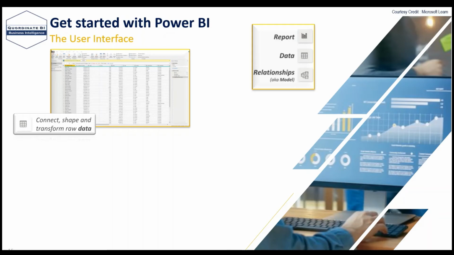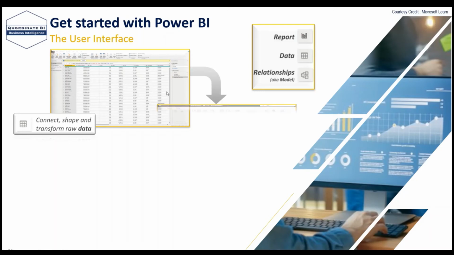It can be Excel, Power BI, SQL Server, Access database, or any website or a SharePoint. You connect to your data source, and through Power Query Editor, you shape and transform your raw data. This is what is called the data view and the Power Query Editor.